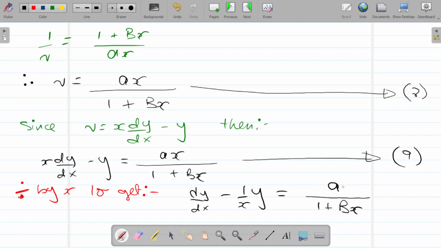Now, the x there has disappeared because we've divided throughout by x, basically.